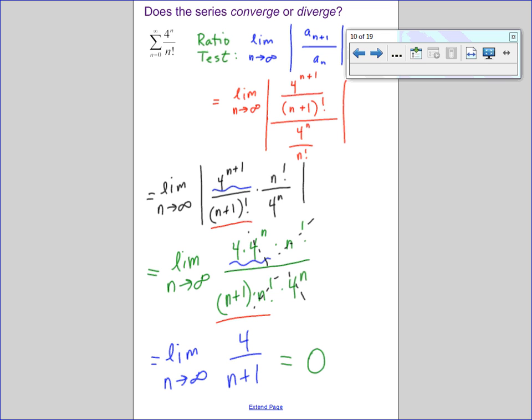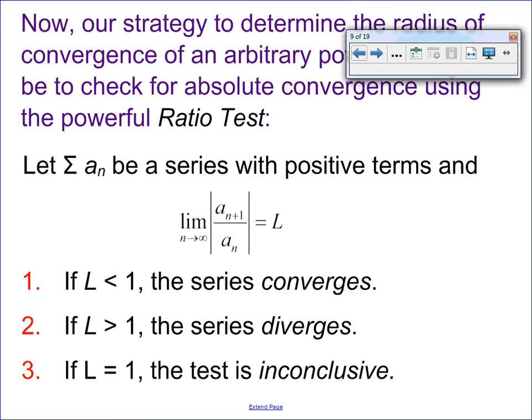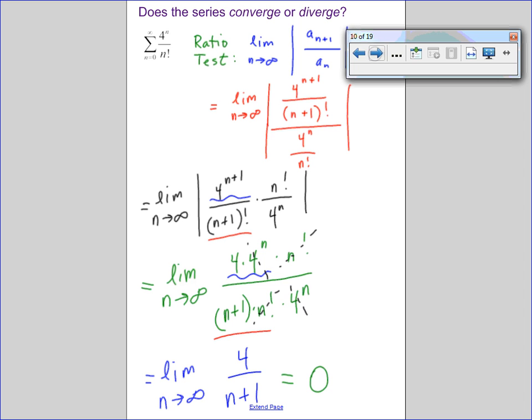In fact, that limit equals 0. Is that less than 1, greater than 1, or equal to 1? That's certainly less than 1. So the ratio test has given us the result L, my limit, which equals 0. That's less than 1. Therefore, the original must converge by the ratio test.